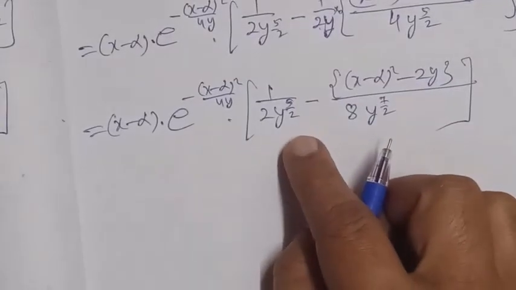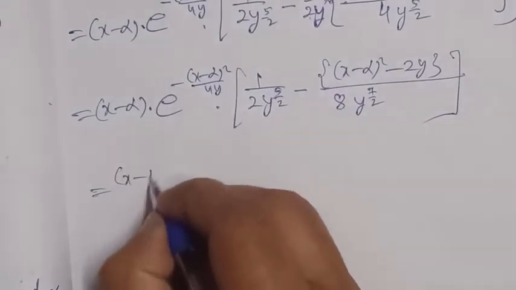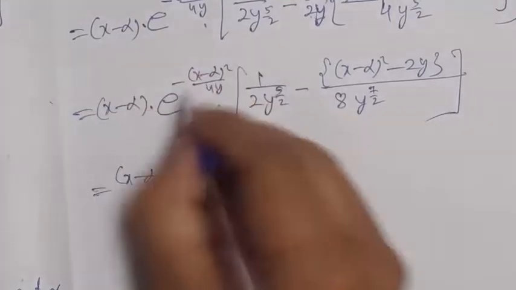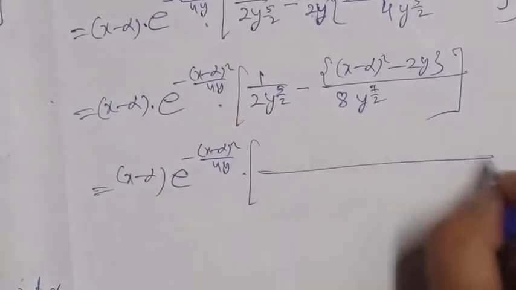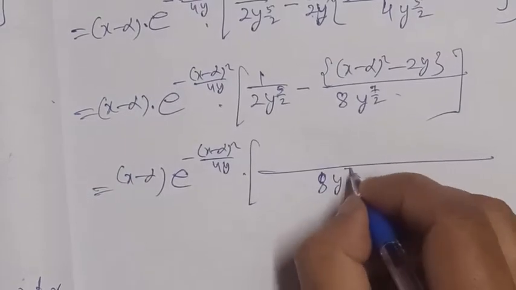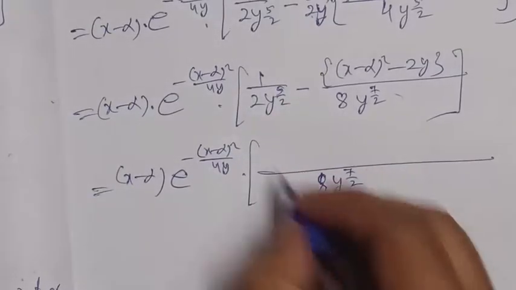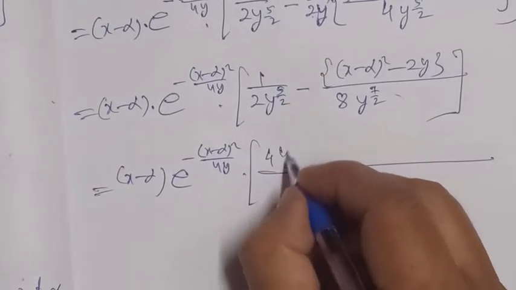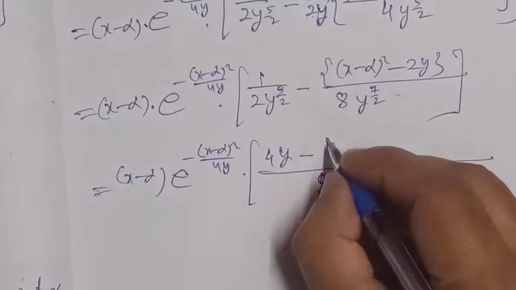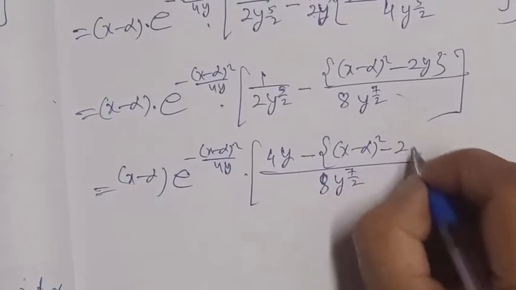On taking the LCM in these two terms, we get (x minus alpha) e to the power minus (x minus alpha) whole square upon 4y without any change here, and taking in these two terms 8y to the power 7 by 2 as the LCM. On dividing this value we get 4y and minus this value is the same, so I write this bracket without any change.